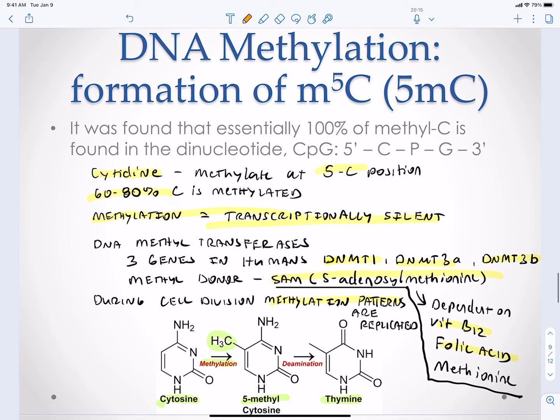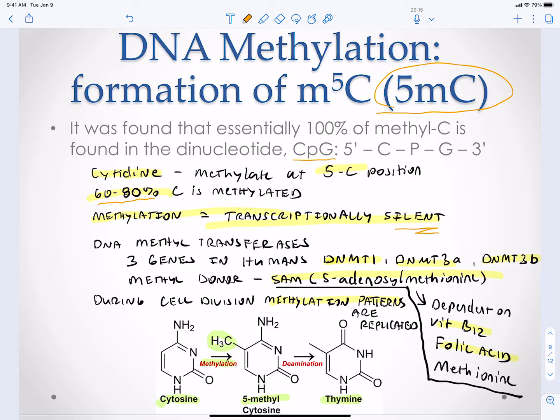So methylation, again, is going to be on the 5-carbon of cytidine. This is also known as CpG motifs. About 60 to 80% of all cytidines in our chromosomes are methylated. And again, this is to silence those areas.